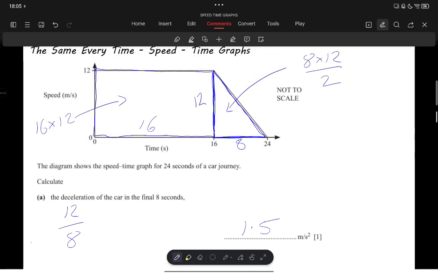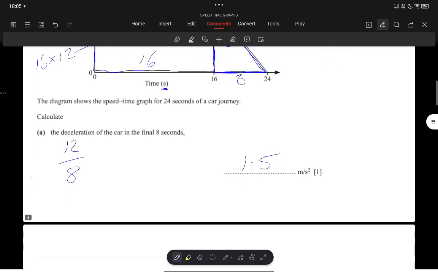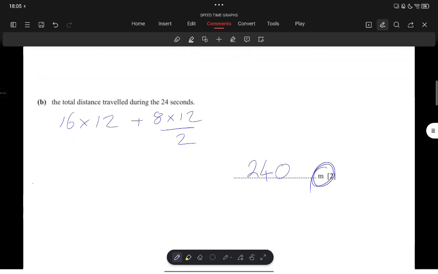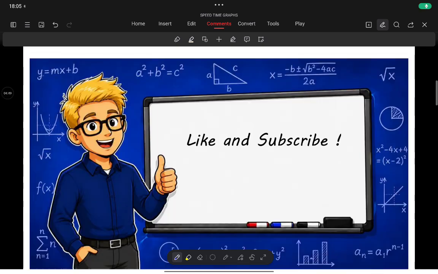And if the speed is given in meters per second and the time is in seconds, then the distance will come out in meters. So have a look at how I've arranged my question there, showing all my working out, showing that I know that I should be working out area. That's how I'm going to get my method mark.